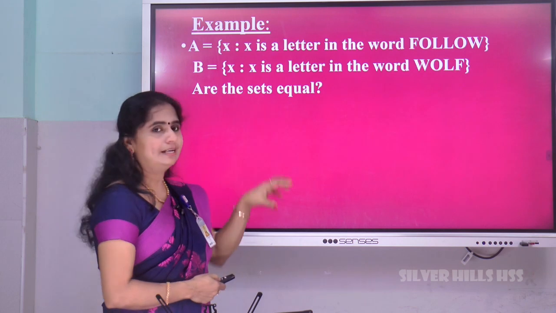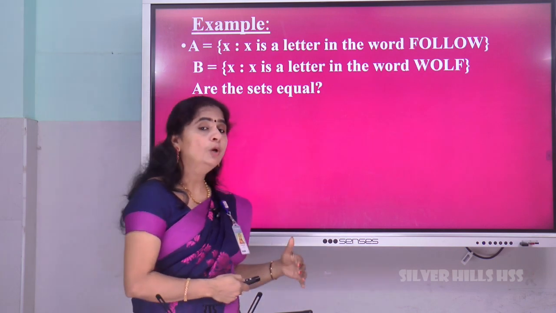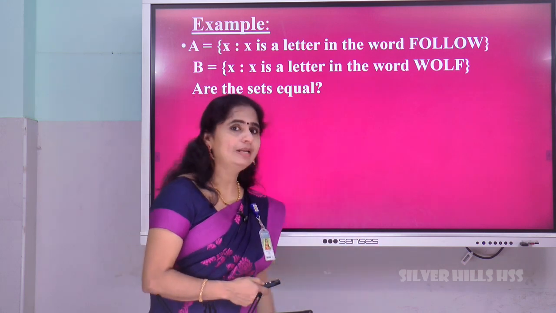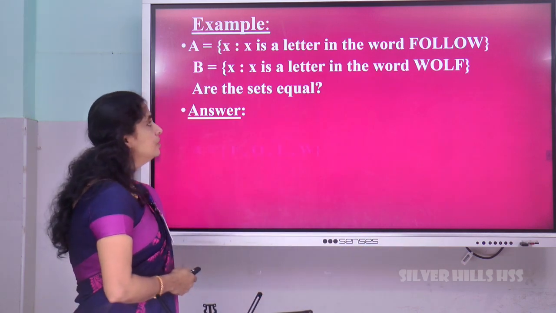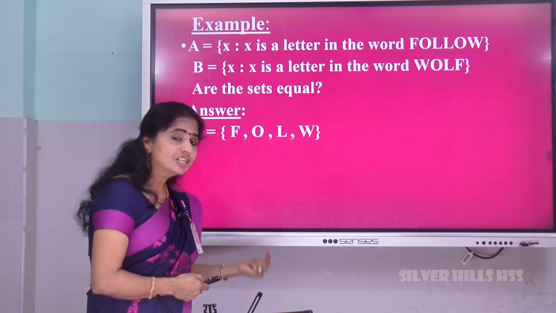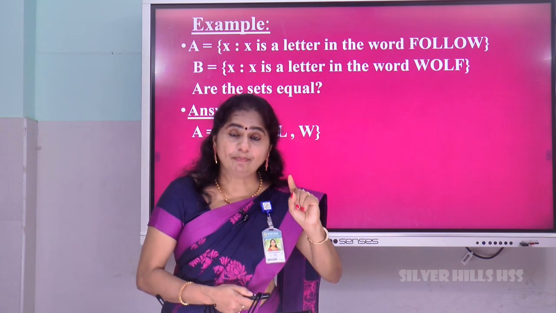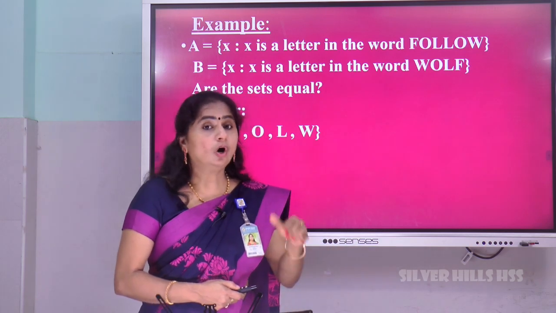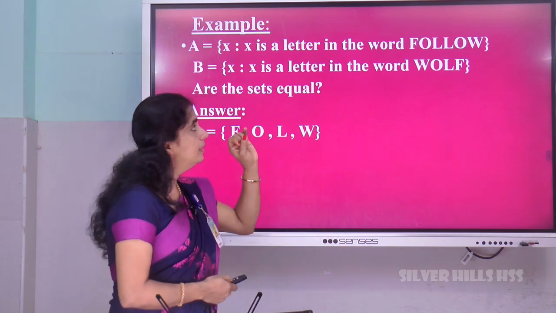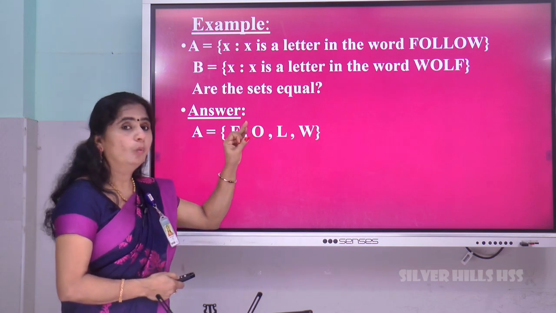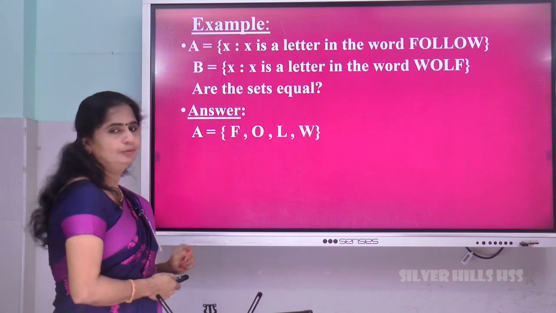We'll write these sets in roster form and see whether both have exactly the same elements. So let's write down A. As mentioned earlier, a letter should not be repeated more than once. The order doesn't matter. So the elements are F, one O is taken, one L is taken, and W.